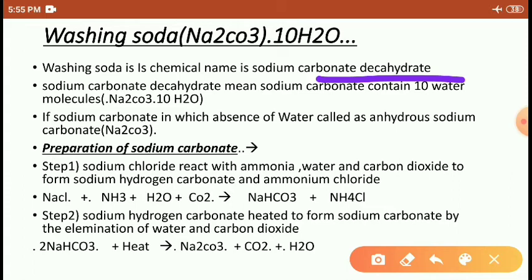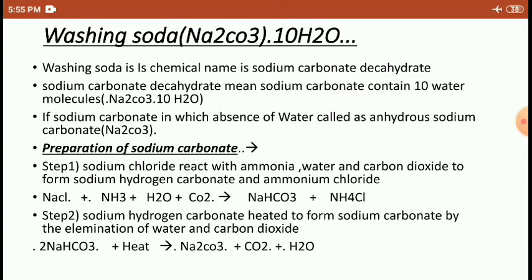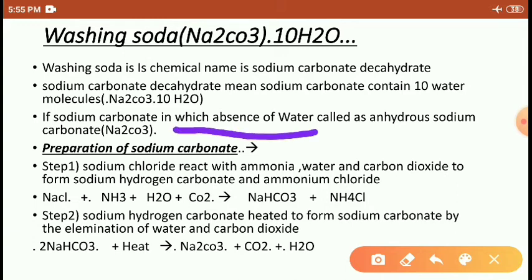One water present, monohydrate; 2 present, dihydrate; 3 present, trihydrate; 10 present, decahydrate. If the sodium carbonate has no water, it is called anhydrous sodium carbonate, that is Na2CO3. Look at the difference: Na2CO3 and here is Na2CO3 dot H2O.